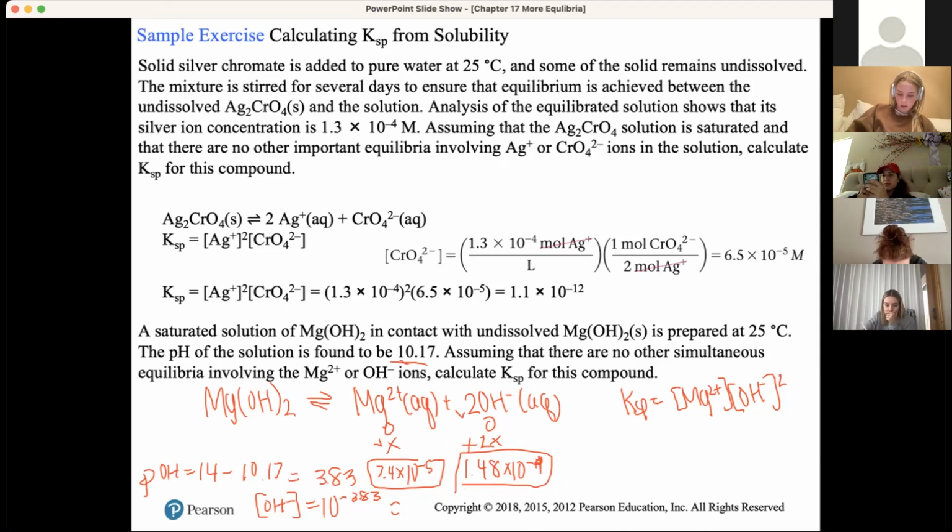So that's what's going to go in here. So Ksp is going to be 7.4 times 10 to the negative 5 times 1.48 times 10 to the negative 4, squared.